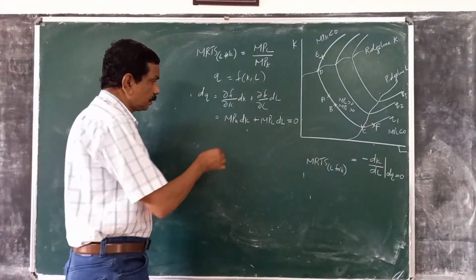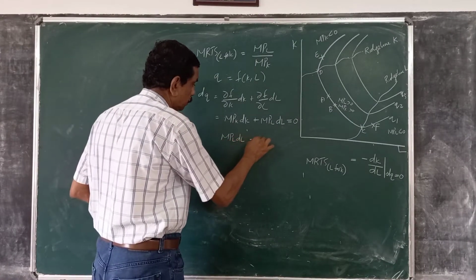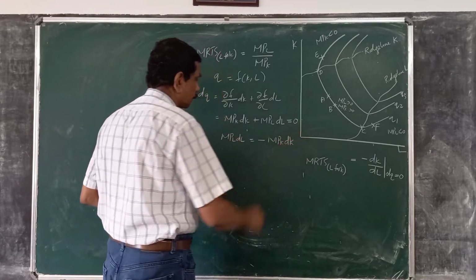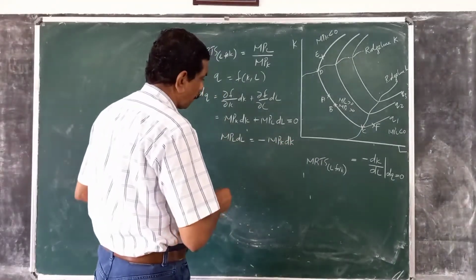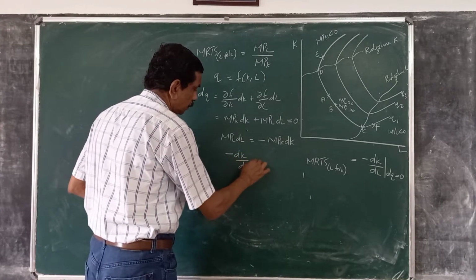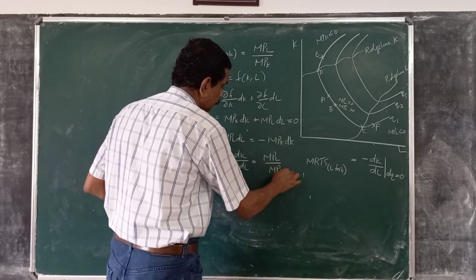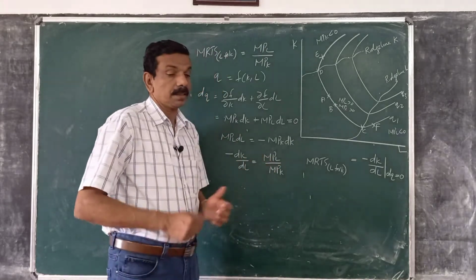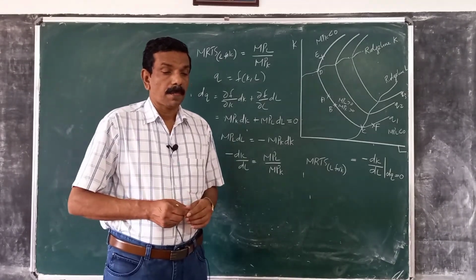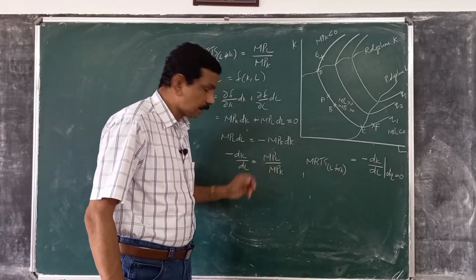So we can write MPL into dL is equal to minus of MPK into dK, or we can write minus of dK by dL as equal to MPL by MPK.